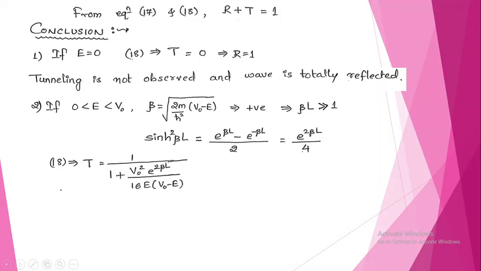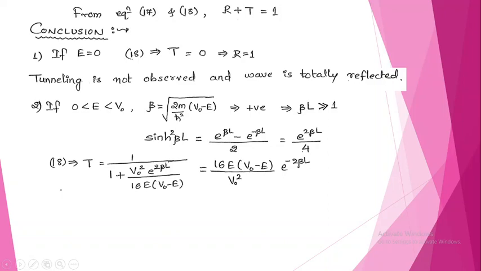So when you put the value of sine h square beta L in equation number 18, which gives the transmission coefficient, you get T is equal to 1 by 1 plus V naught square exponential of 2 beta L by 4 into E into V naught minus E. So when you simplify it further, we can just write it as 16 E into V naught minus E by V naught square into exponential of minus 2 beta L, because here beta L is very much greater than 1.